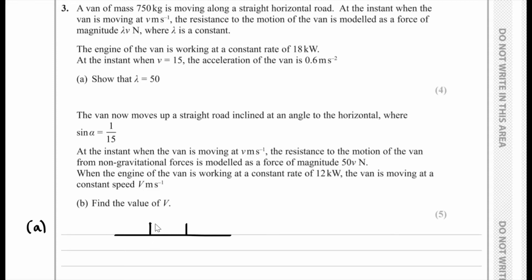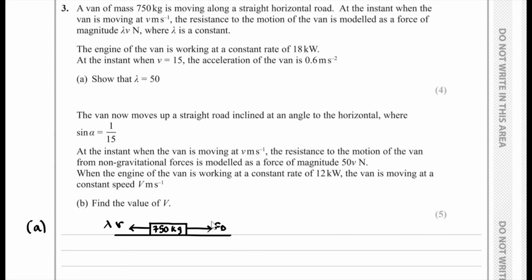The van, of course, has a mass of 750 kilograms. We've got this driving force moving us forward, and we've got this variable resistance, which is equal to mu v.